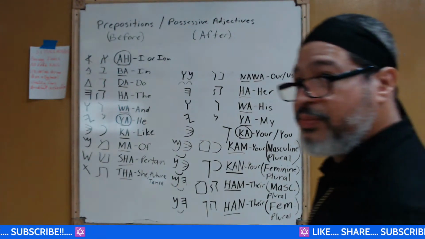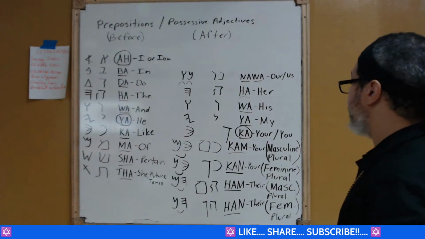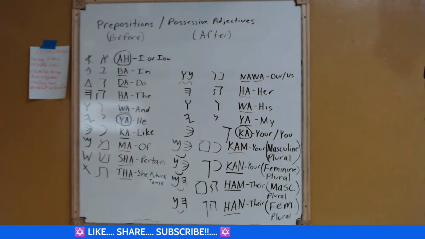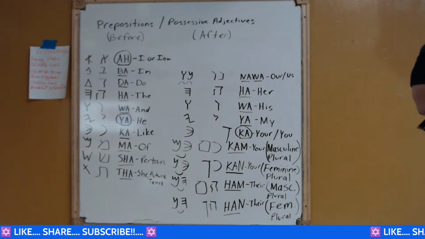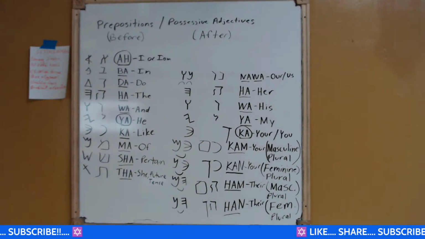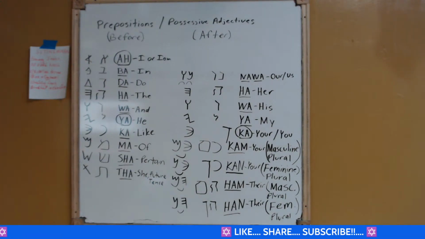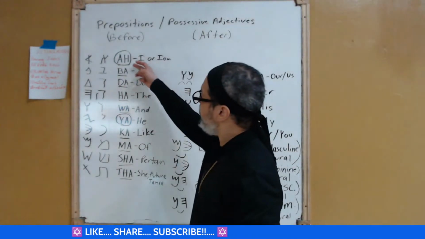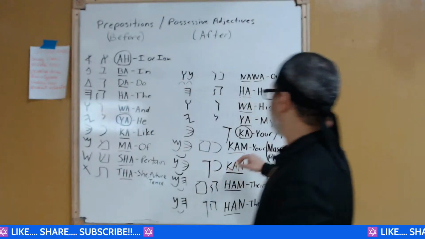Any questions yet? We're good. Time check, 8:40. Okay. All right, I'll give you these class examples. So again, we're going to use some words with the ah, the ya, the ka.